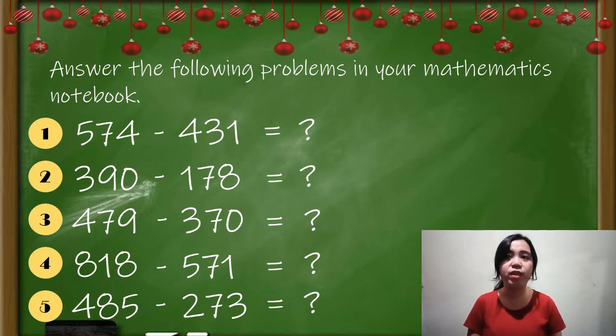Thank you. How about number 3 and 4? Miss Lorelei? Thank you. And last, number 5, 485 minus 273 is equal to blank. So, I will only give you 10 minutes to answer these 5 problems. And your time starts now.